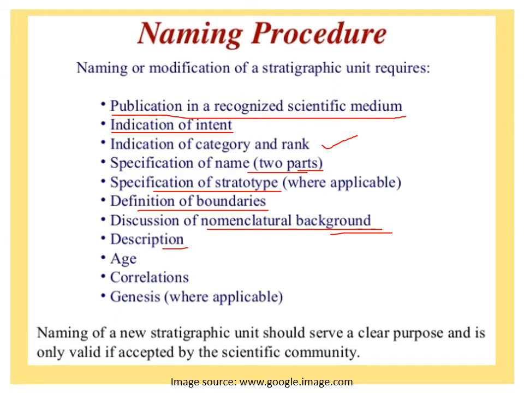They should be well described, their age should be stated, they should be correlated with litho units of other places, and if possible their genesis, that means how they formed, can also be described. So by following all these procedures, one has to name a particular section, a type section, for a formation.